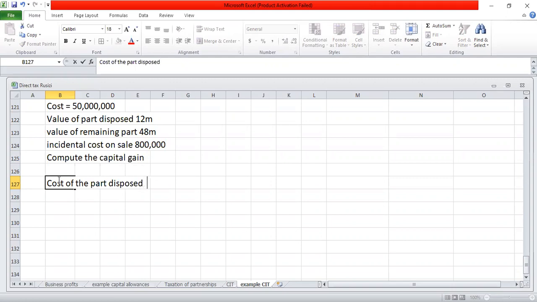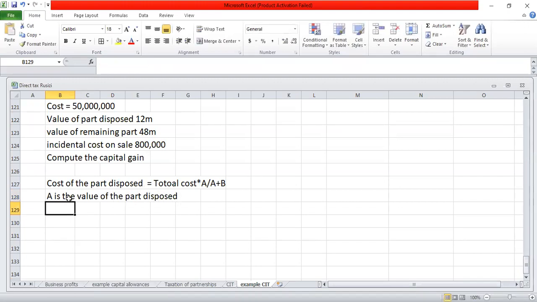We use the formula of total cost times A over A plus B, where A is the value of the part disposed, and B is the value of the remaining part.